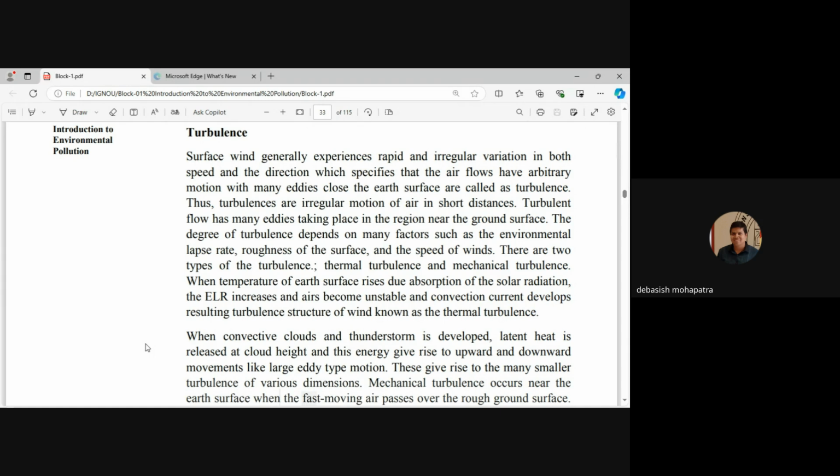Turbulent flow has many eddies taking place in the region near the ground surface, and the degree of turbulence depends on many factors such as environmental lapse rate, roughness of the surface, and the speed of the wind. There are two types of turbulence: thermal turbulence and mechanical turbulence. Thermal is due to heat and mechanical is due to mechanical forces.